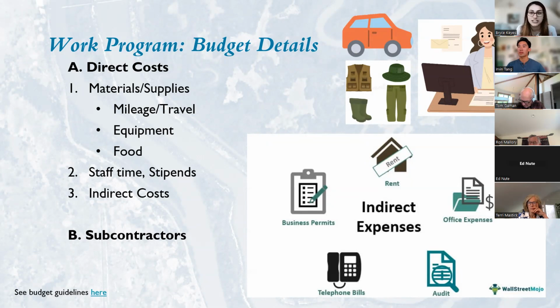It can be waders, it can be boots, any kind of equipment that you need to perform your grant. It can also be printing, such as printing flyers, and it can be other equipment as required for construction, such as shovels or plants. So those are examples of materials.